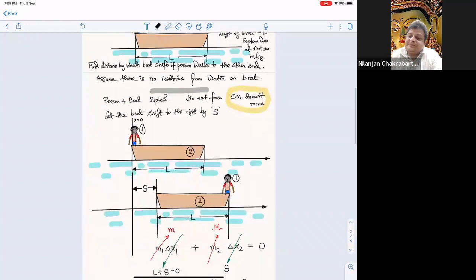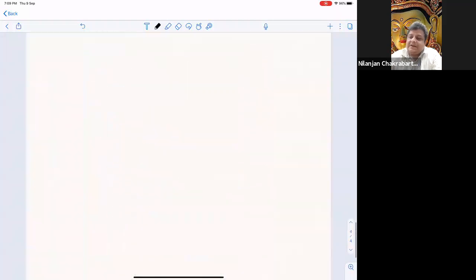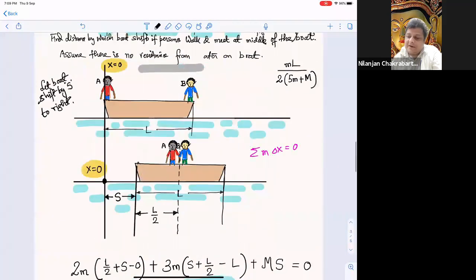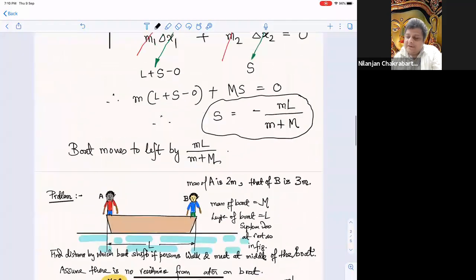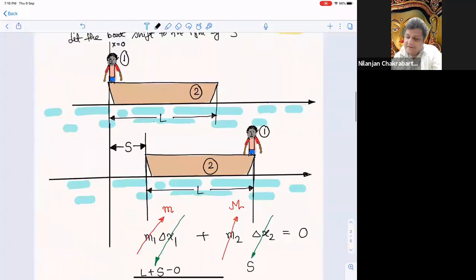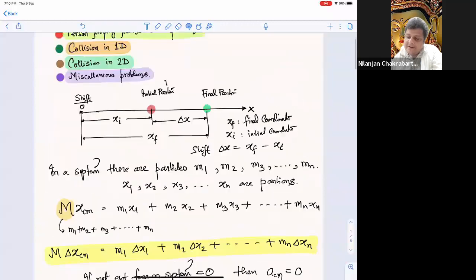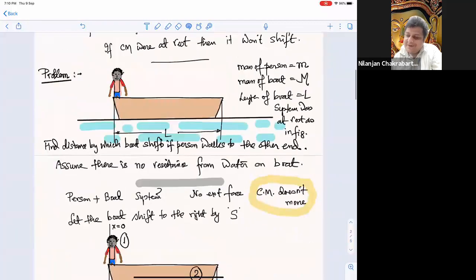Okay, person jumping from boat. I can borrow this from myself, this problem.